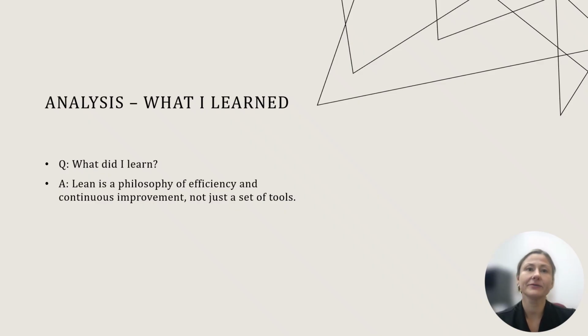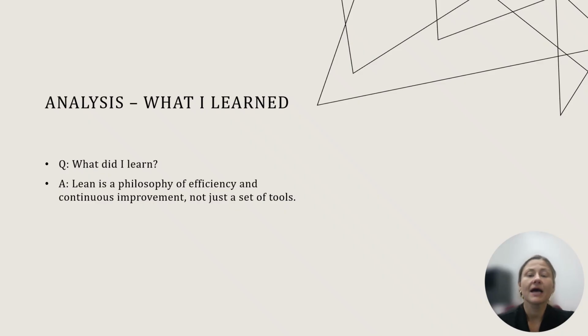What I've basically learned is Lean is a philosophy of efficiency and continuous improvement, not just a set of tools. I've learned to look at Lean in more of a way that it's not just a toolkit, it's a mindset in general. It requires continuously questioning how each activity adds value and systematically removing waste as a whole, in small areas and holistically.